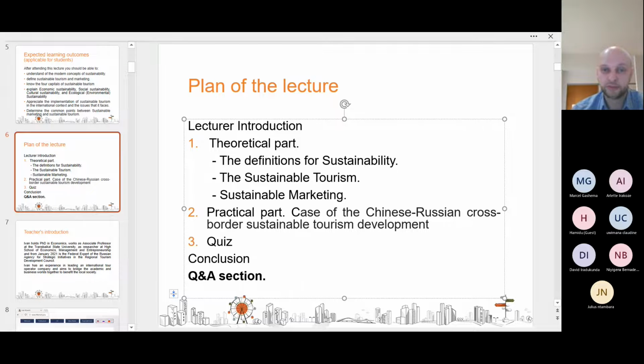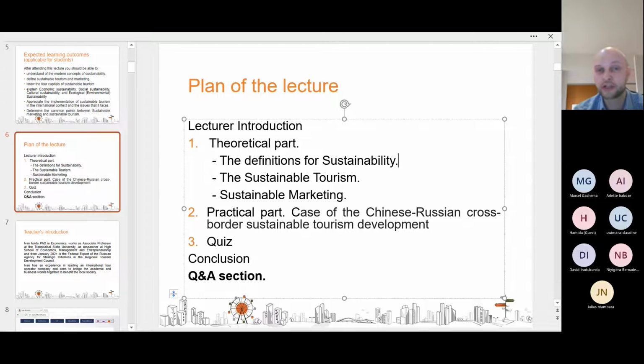Then sustainable tourism, we will see how sustainable development and sustainability can be implemented in one of the biggest industries, okay, before the pandemic, because nowadays tourism was hit very harshly by the pandemic, and we'll also see the changes in tourism.